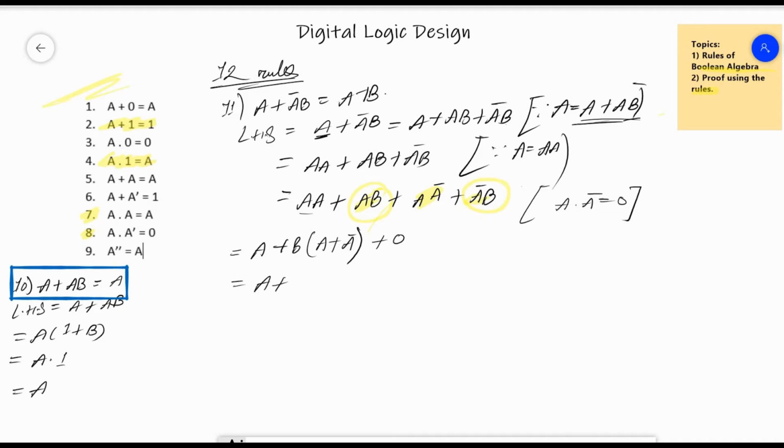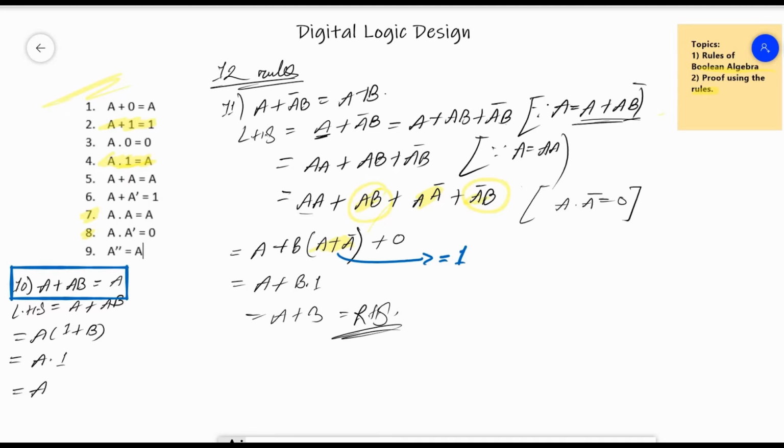From rule number 6, we can change this one to 1, because A plus A bar is equal to 1. Now we can write A plus B, because we can see from rule number 4 that any variable multiplied with 1 is equal to that variable. So from here we get the equation verified, equal to the right hand side.